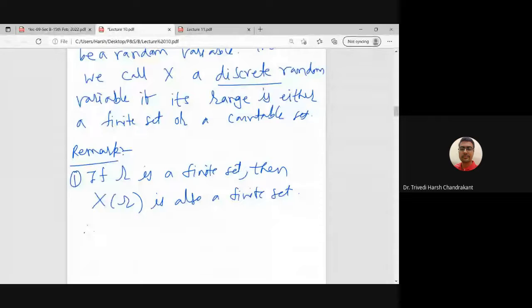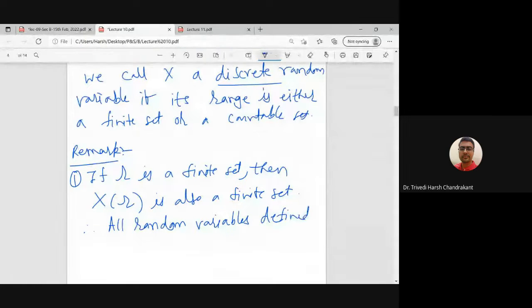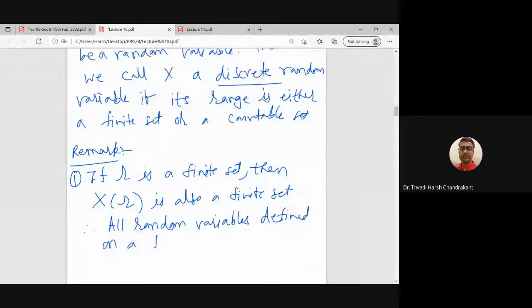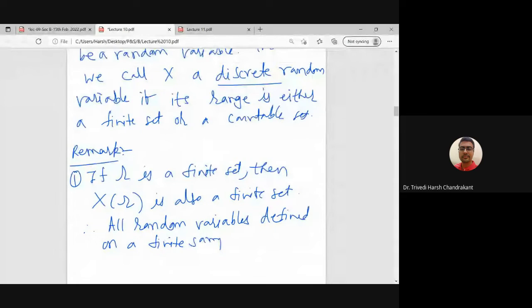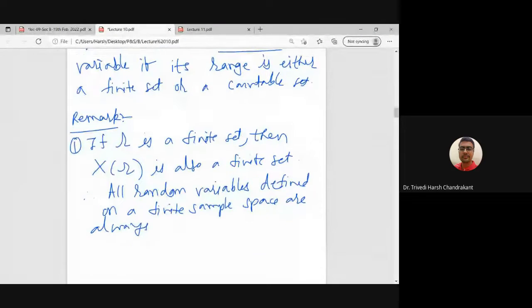So therefore, what we are saying here is that all random variables defined on a finite sample space are always discrete.